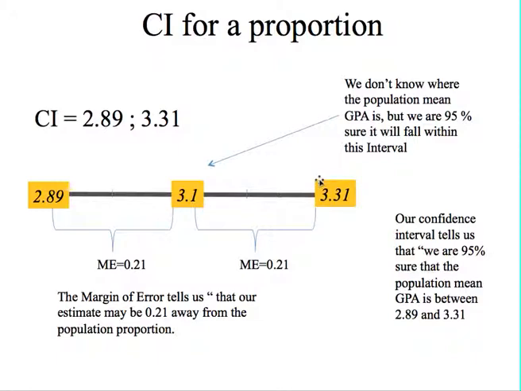We're 95% sure that the population mean falls within these two numbers, between 2.89 and 3.31. Right? So the margin of error is telling us that our estimate is likely to be 0.21 away from the mean, either higher or lower, and that's why we're 95% sure that the population mean lies between these two values.